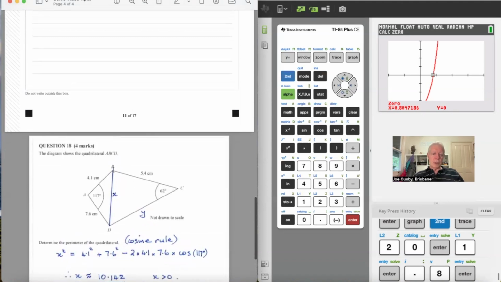For many students, the only way out of this is to find the length of BD, and for me, it's the same. I'm finding the length of BD. However, I want to be able to call it something easily. So I'm actually going to call it X. That makes it much more straightforward to talk about. And then, of course, the length I'm actually looking for is y, which is this one over here.